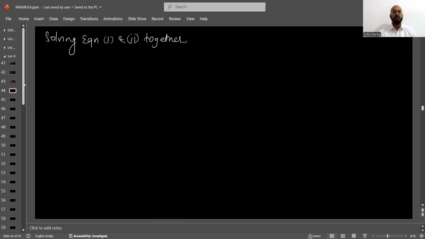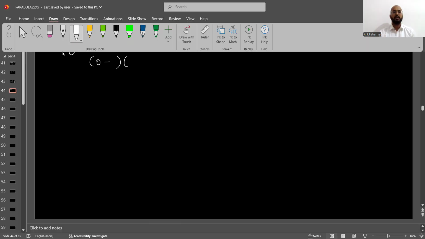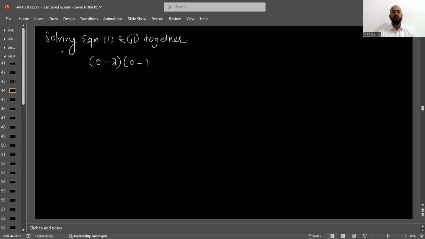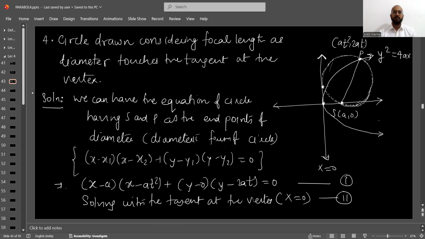So I'll have 0 minus a into, please let me write down my standard, 0 minus a into 0 minus at square plus y minus 0 into y minus 2at is equal to 0. And this is what we have got.